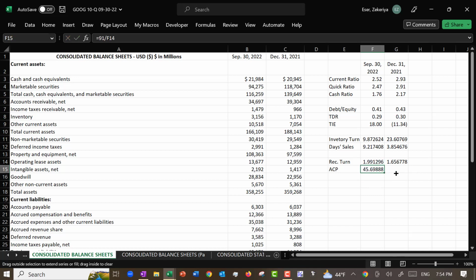So it takes Google about 45 to 50 days to collect their receivables. Remember, a lot of their receivables are ad revenues, so it takes a while for firms to pay up.